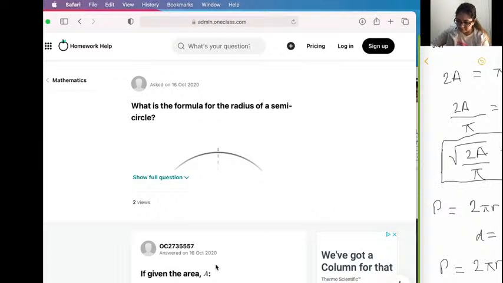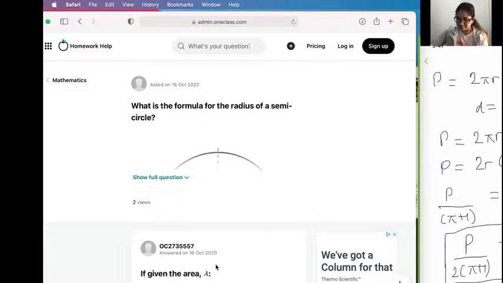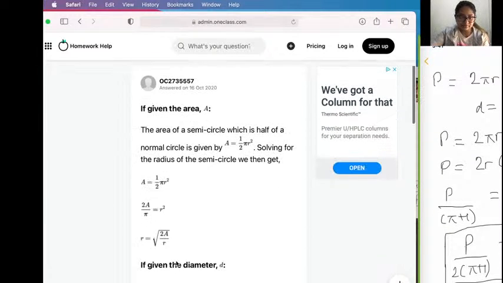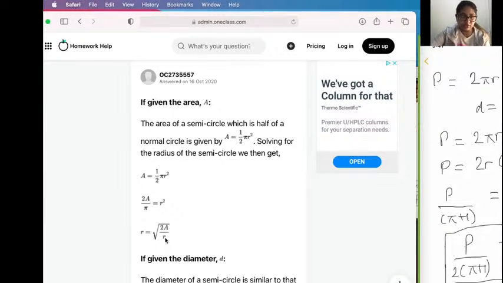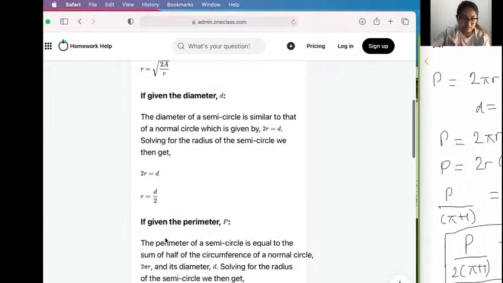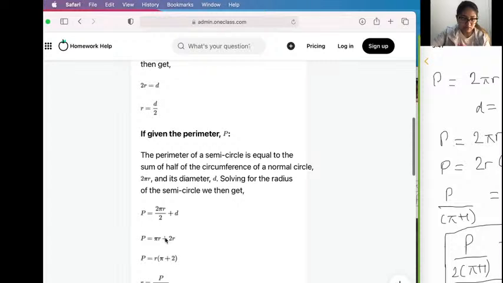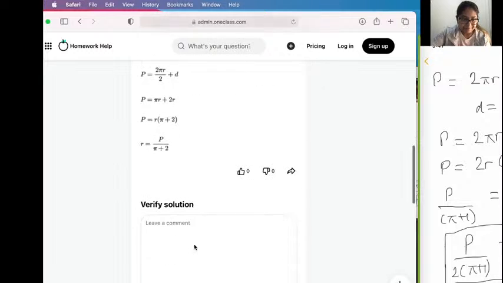in terms of a semicircle. Yes, so okay, so this is supposed to be a pi, I think they did, and yes, so this is what we basically get.